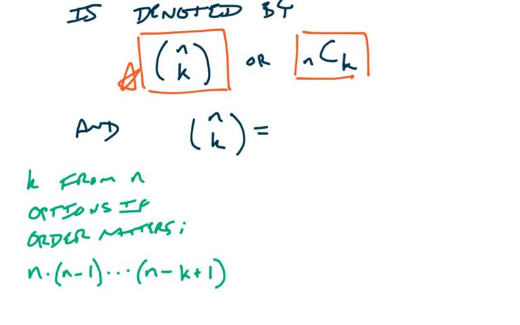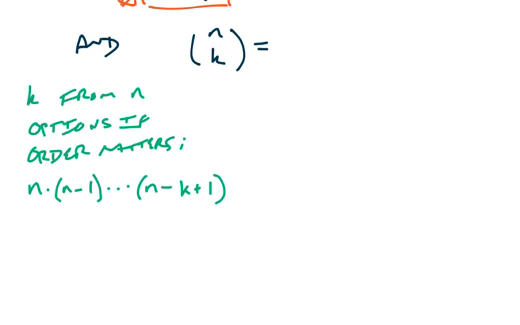Right, the reason why it's going to be n minus k plus 1 is, let me give you a very specific example here. If you're trying to choose 3 things from 10, then for the first one you would have 10 options, and then 9 options, and third you would have 8 options.